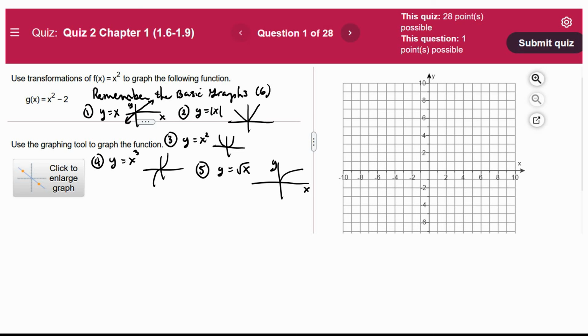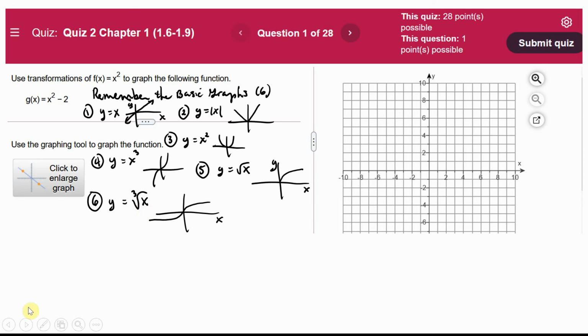The cube root, thank you. Very good. Thank you very much. Beautiful. So obviously that cube root one is one that I missed too.